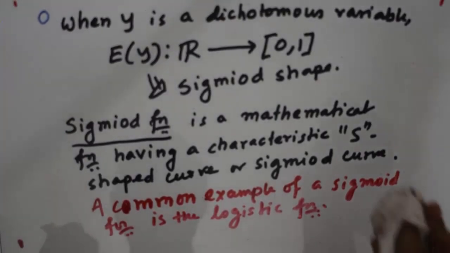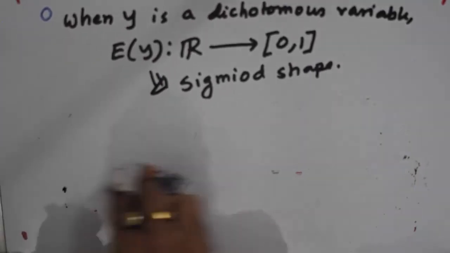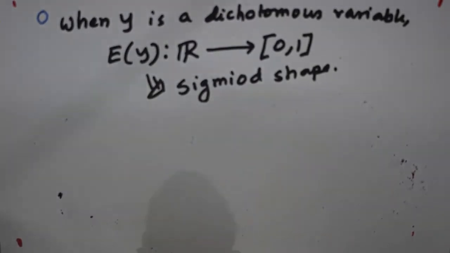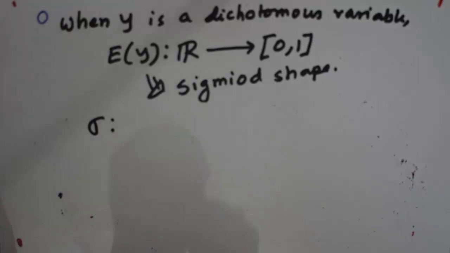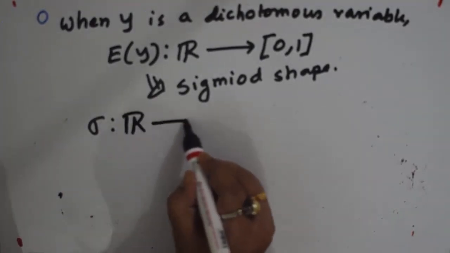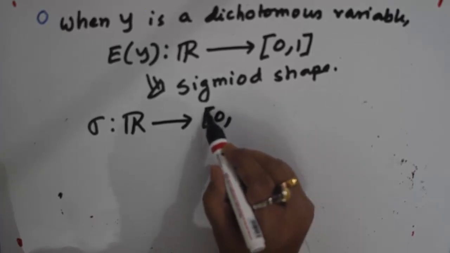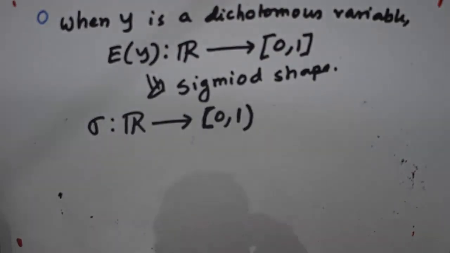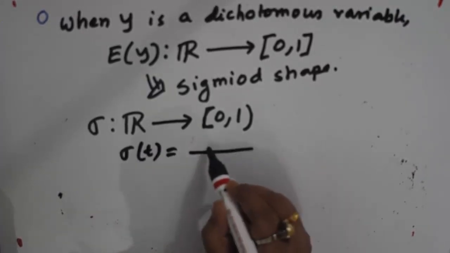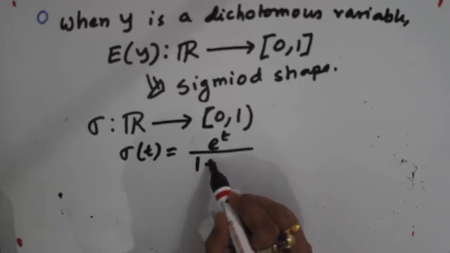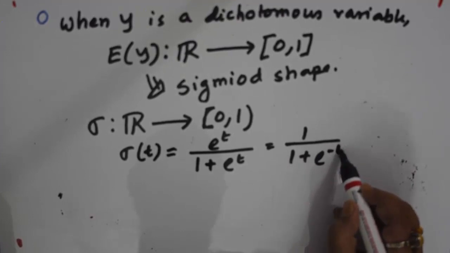So the standardized logistic function sigma, mapping the whole real line to the open interval 0 to 1, is defined as sigma t equals e to the power t by 1 plus e to the power t, equal to 1 by 1 plus e to the power minus t.